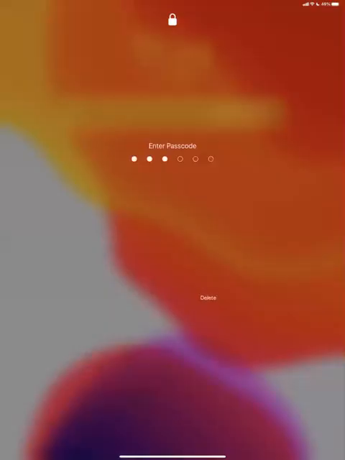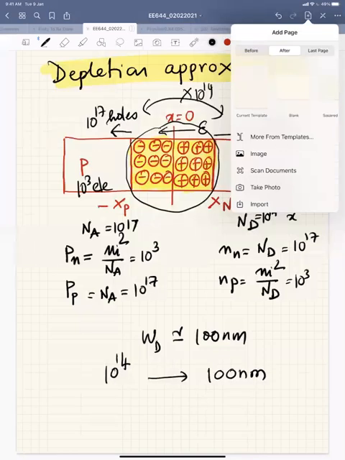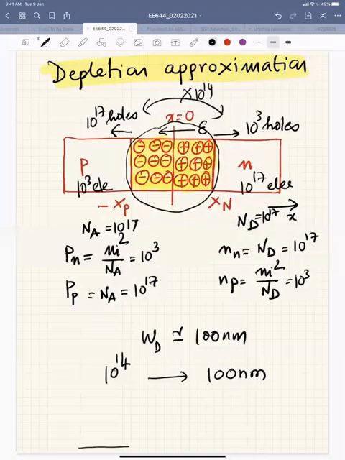If you look at this, let's say this is my x direction, and this is my depletion region.